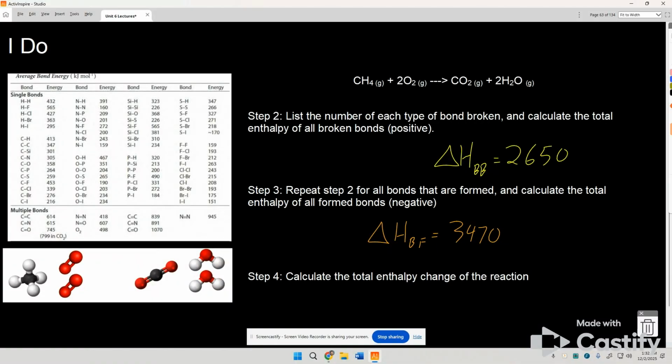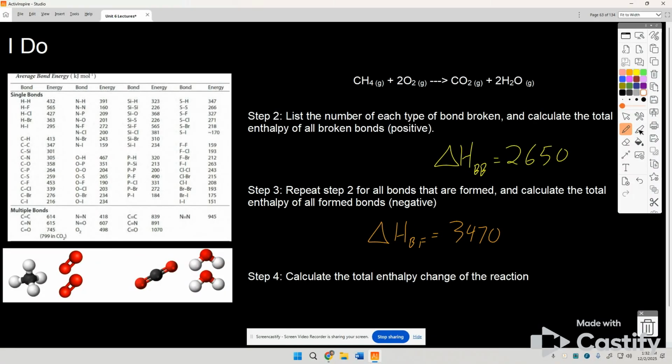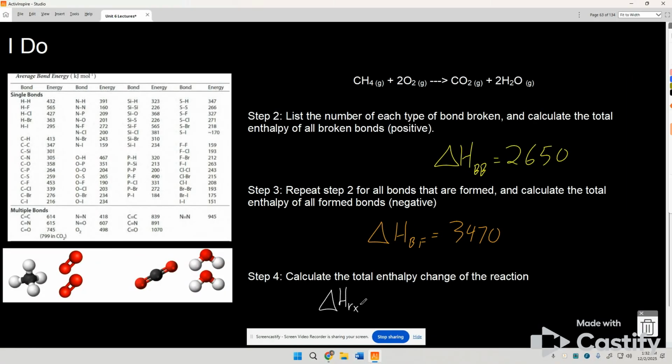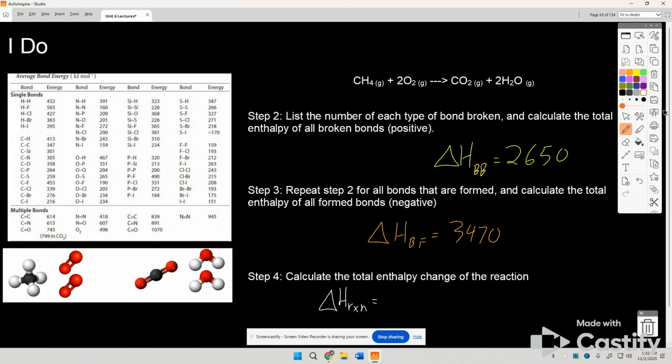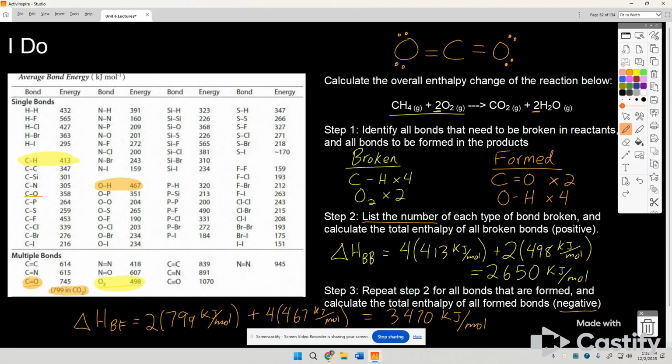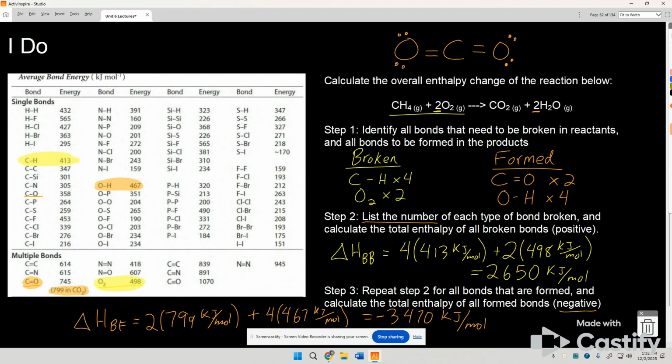Now, to get my overall enthalpy change of the entire reaction, delta H of my reaction, and I'm sorry, I should have put this before. For the bonds formed, this is a negative, right? Because we have negative enthalpies for all of these. I made a point and then I didn't write it there, so that's my fault.